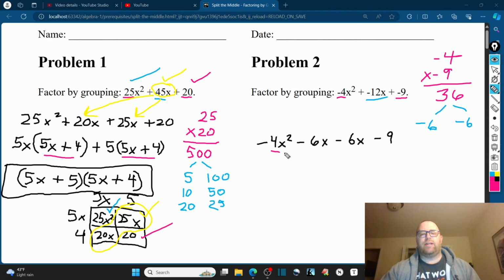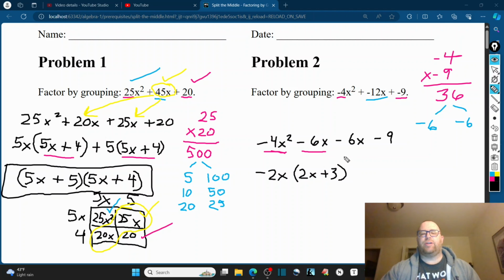So now we want to take the greatest common factor of -4x squared and -6x. That's going to be -2x. So I'm going to write -2x, and then -4x squared divided by -2x is just 2x. -6x divided by -2x is just positive 3, so 2x plus 3.